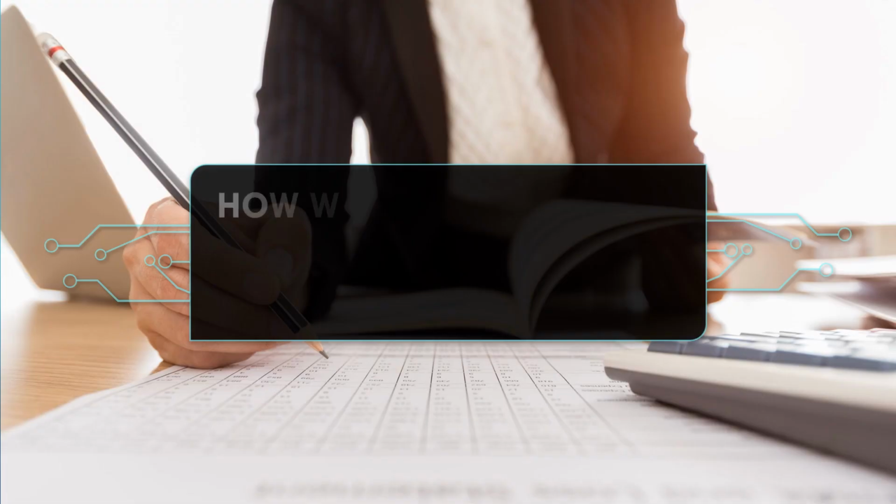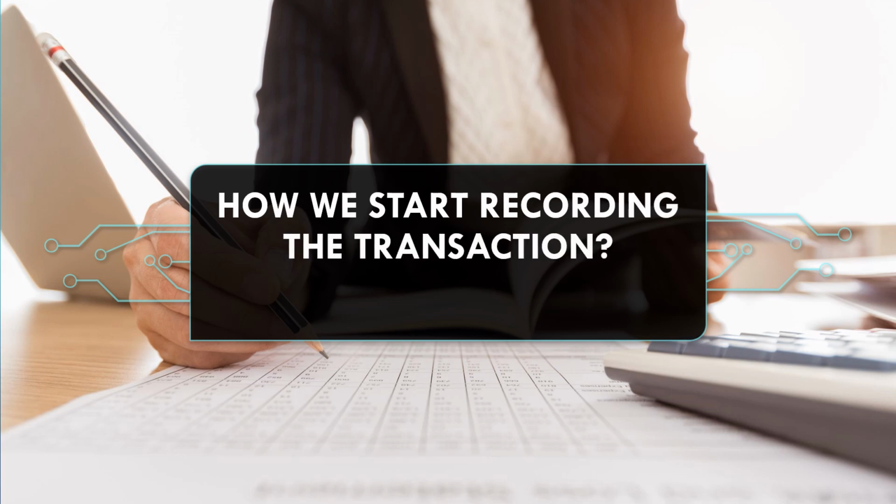To have a good understanding of how the recording process of the transaction starts, it's good to simplify this idea of recording for the layman, not for those with an accounting background.